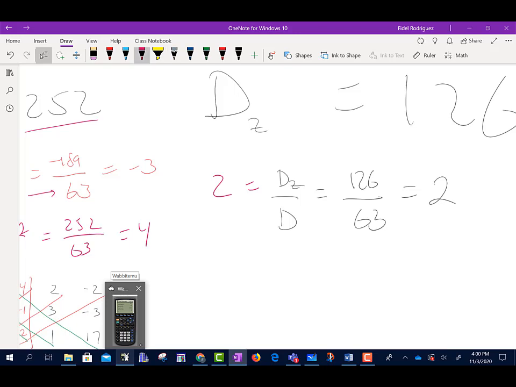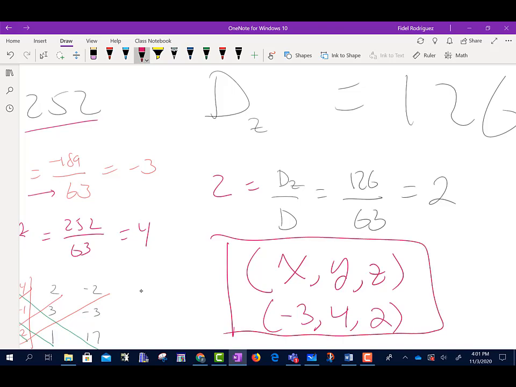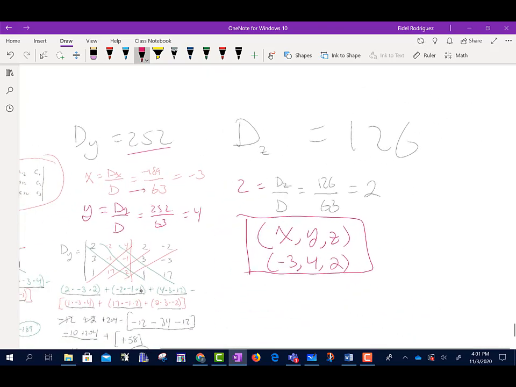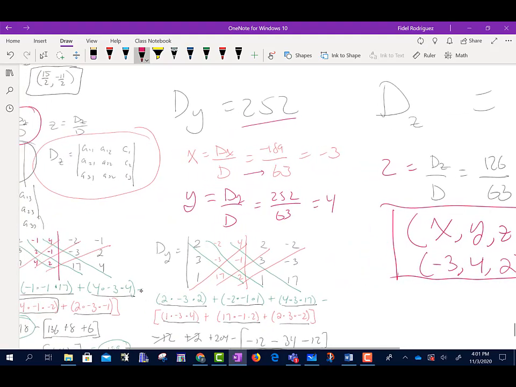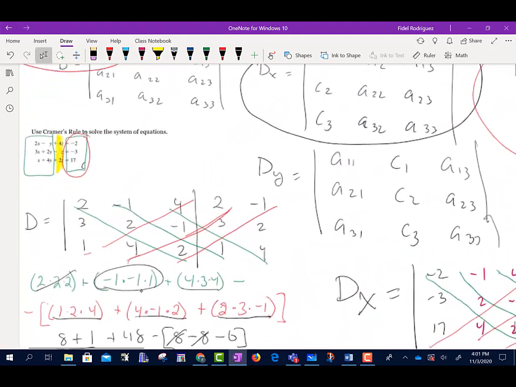Okay. So now, what is our solution? Remember, our solution is x and y and z. Okay. So our x number was negative 3. Our y number was 4. Our z number was 2. And Cramer's rule takes a lot of time to do, guys.